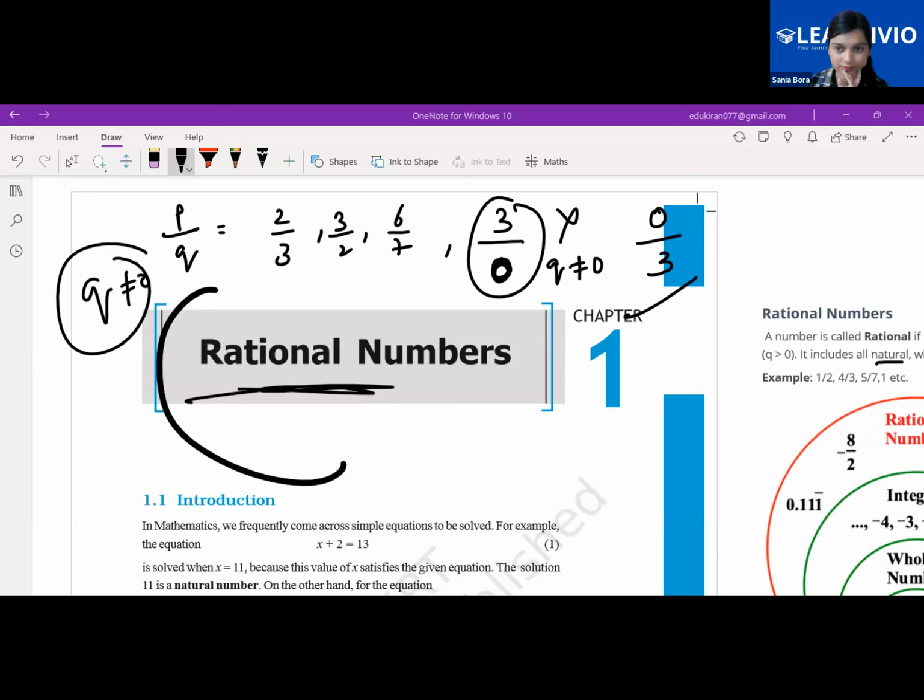Rational numbers are like fractions of a number, and the denominator cannot be zero. Okay, the denominator should not be equal to 0. Okay. Ibrahim? Yes. Rational number is a number written in the p by q form, where q is not equal to 0. Good. Manal, can you tell me now?